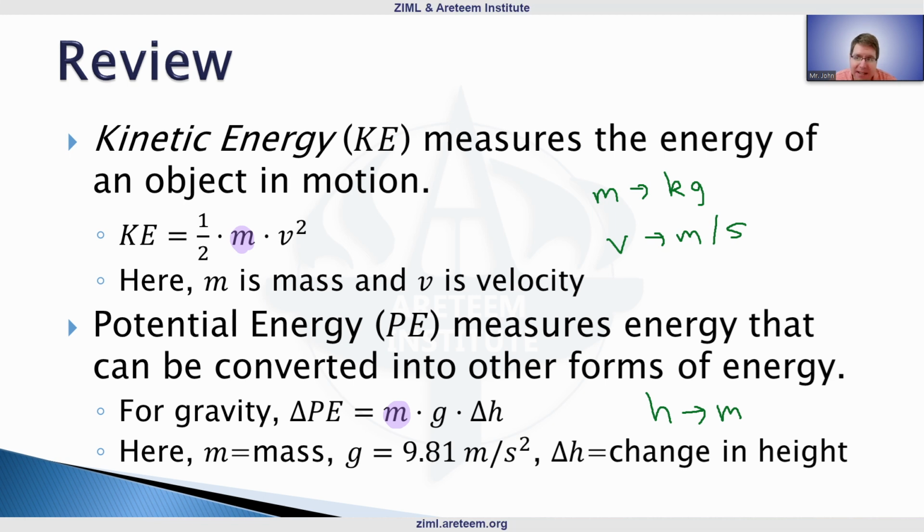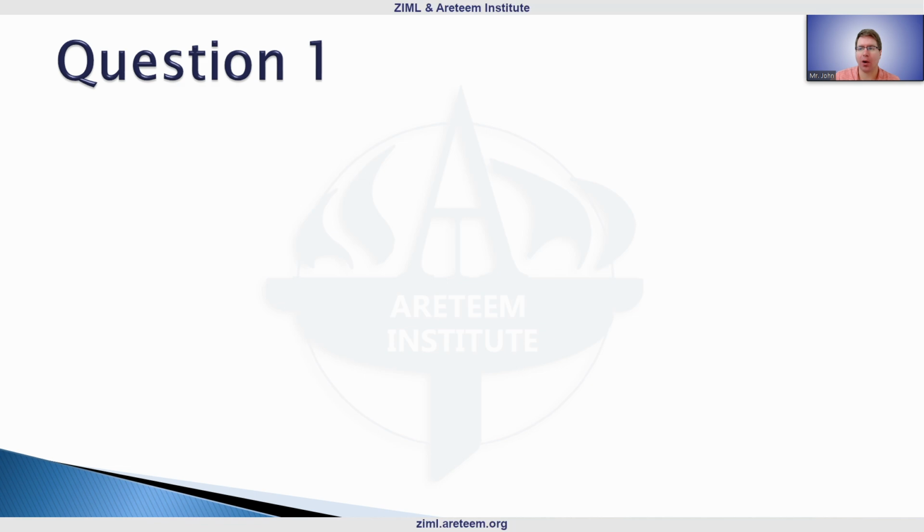I'll just say the mass is 1 on the next slide, but if we had a different mass, those masses would cancel in the end and we can go from there. So let's talk about our question from last time.